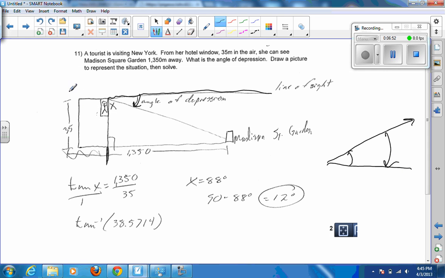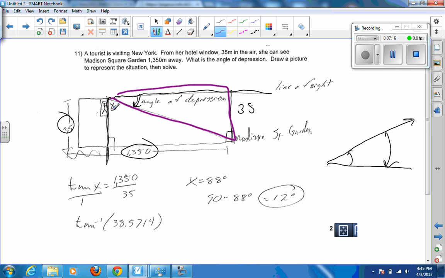If we set this up, the building's 35 feet tall, and the Madison Square Garden is 1,350 feet away. Two ways to go about doing this. You could transfer this 35 measurement to the other side, so this is 35, and then you can go ahead and use this triangle here in order to find the angle of depression.